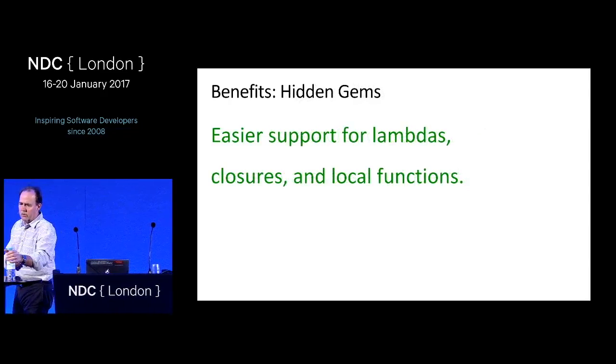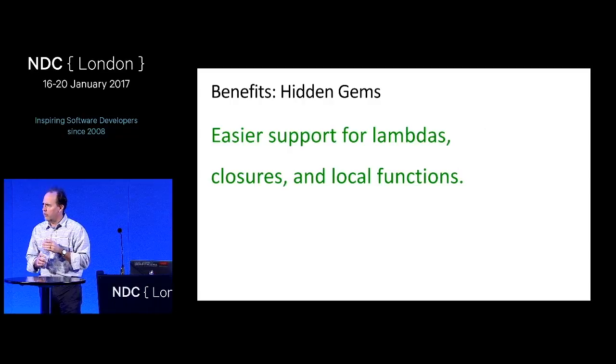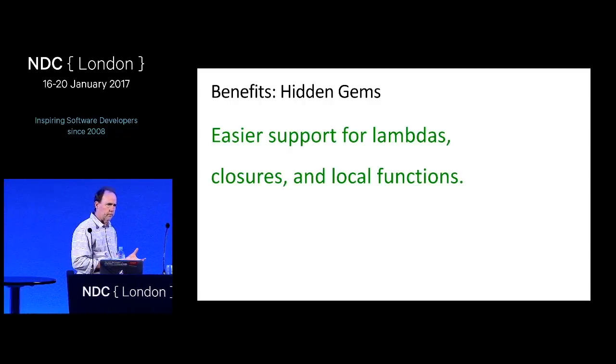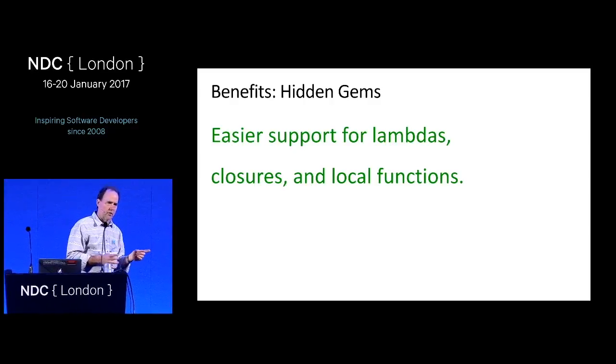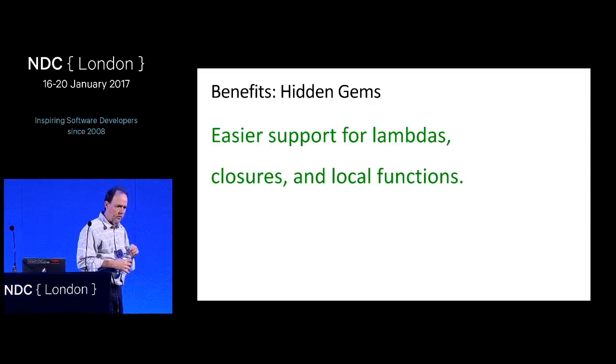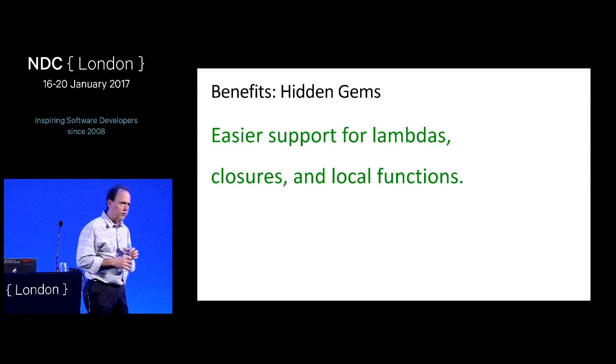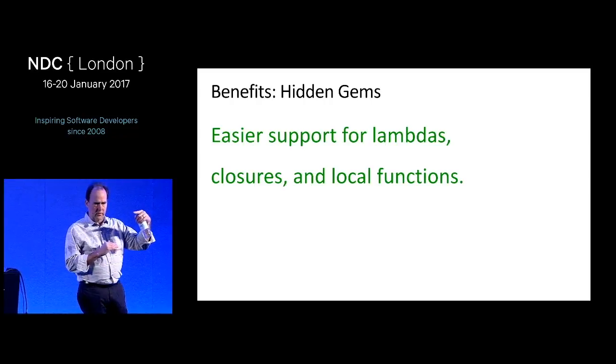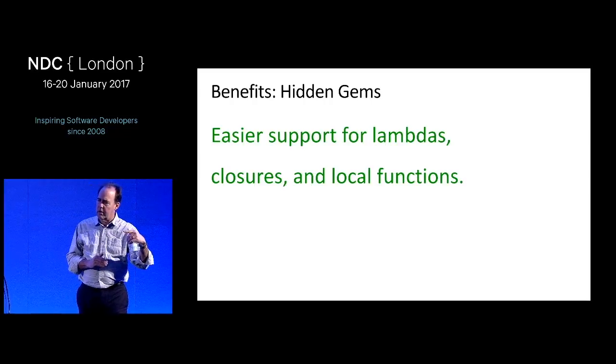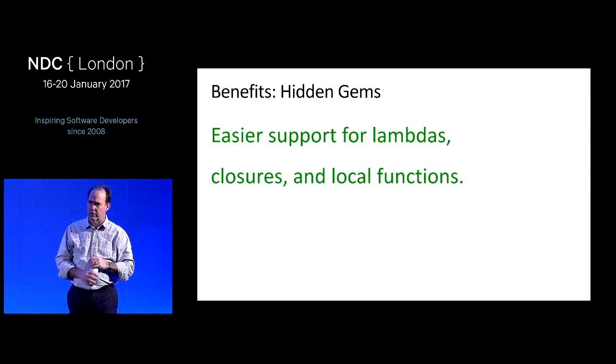It turns out it's also easier to support lambdas, closures, and local functions that way because they all introduce their own scopes as well. A lambda expression has a scope with its arguments and a scope for the body of the lambda expression. Local functions have a scope that includes the arguments and the body of the local function, and another scope that includes locals declared inside the local function.